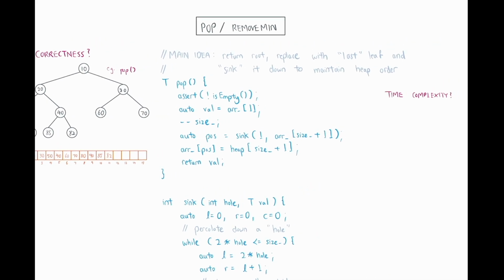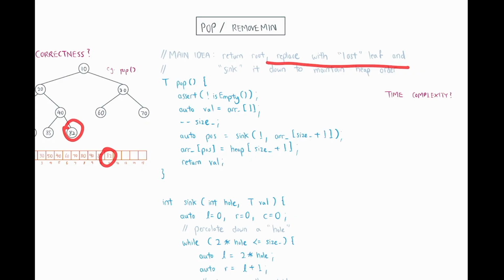Pop is just the reverse, with some nuance in terms of how you maintain the order and structure. The main idea of how you would pop is to return the root, because you're always trying to get the minimum thing, the minimum cost in terms of Dijkstra's algorithm. It can be the minimum cost of something else if you're working with a priority queue for maybe a network queue. You will replace that root with the last leaf.